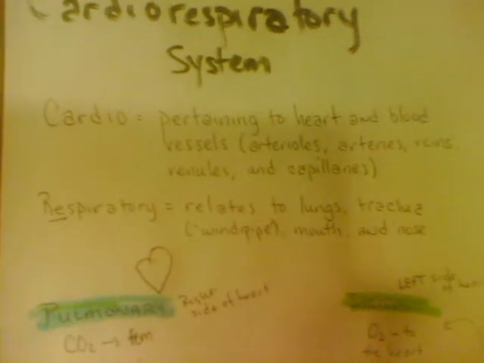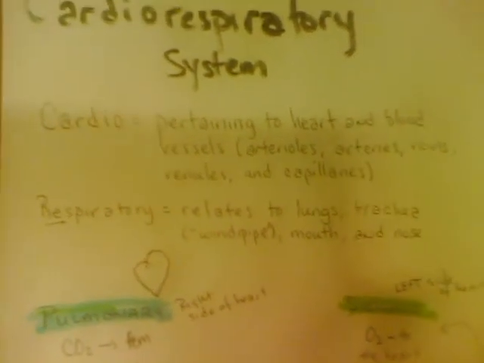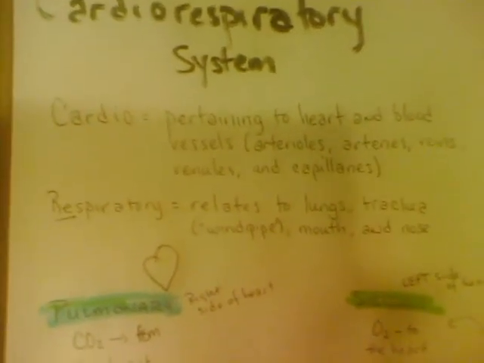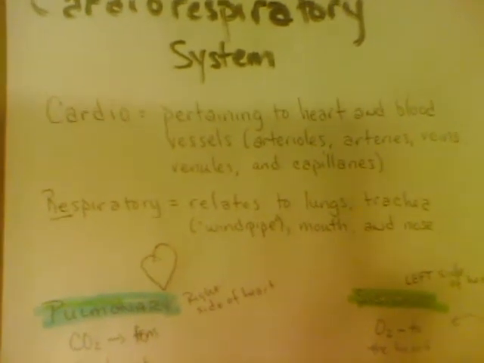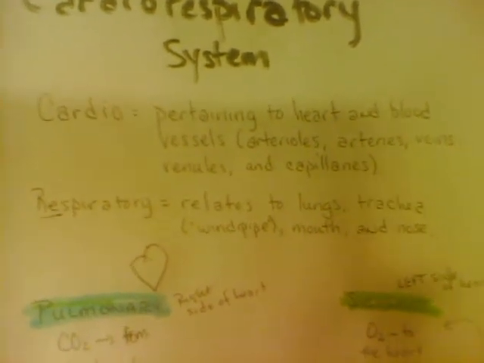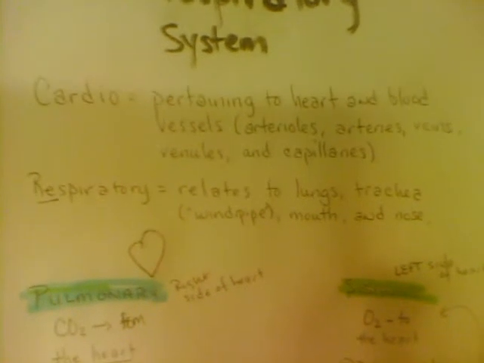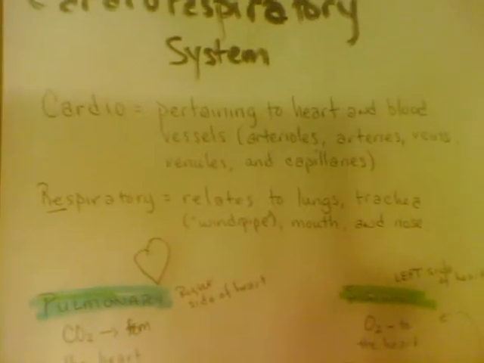Okay, now when we look at the term cardio, of course, which will be the top left-hand corner, cardio basically has to do with the heart and blood vessels. Specifically, when we're talking about vessels, we're talking about arterioles, arteries, veins, and venules, along with the capillaries.